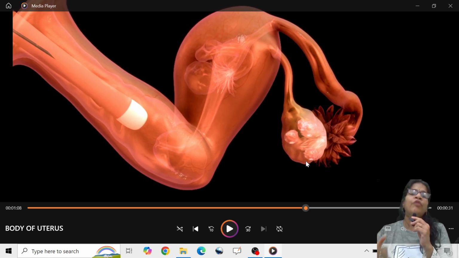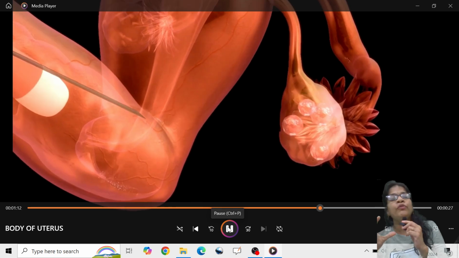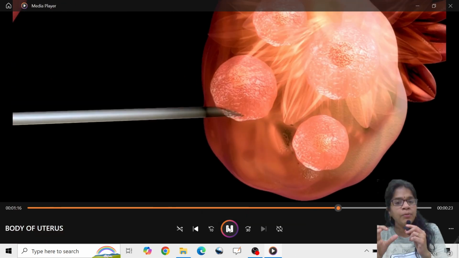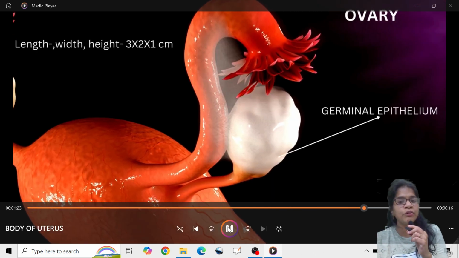If too many follicles are produced, that may lead to a condition called PCOS. So in the coming classes, I will also describe what PCOS actually is and why many cysts are formed. Out of those, only the one best dominant follicle should get matured, but the other follicles should never get matured.